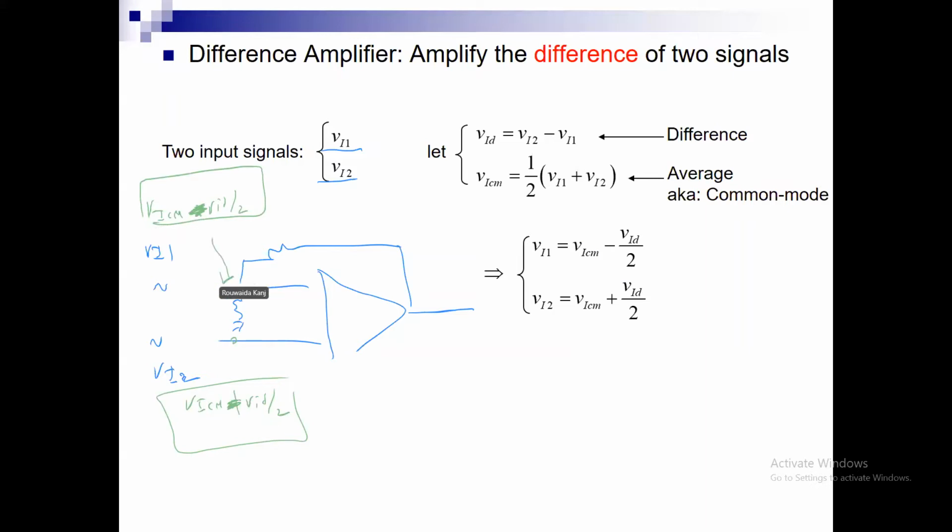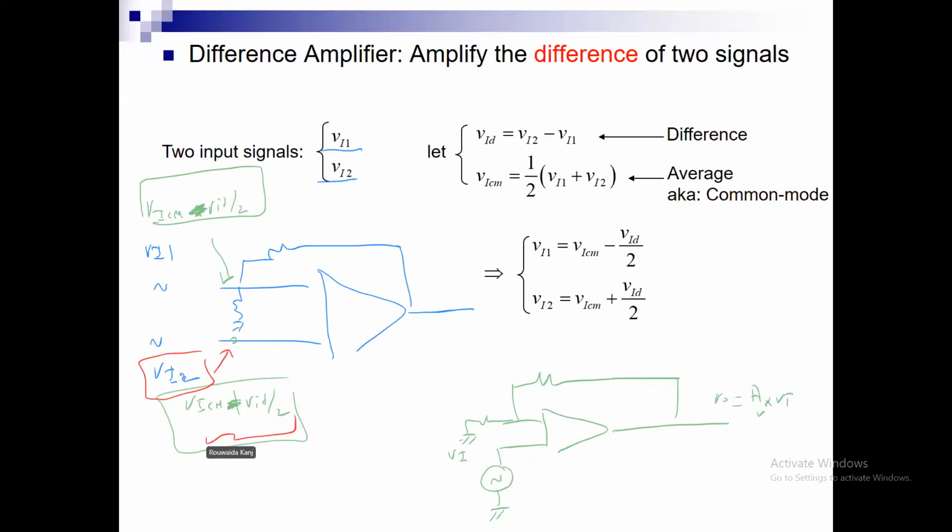And it will react. As we saw with the inverting amplifier, or even the non-inverting one, if I put VI here with this configuration, it gives me VO equal to some gain AV times VI. In a similar fashion, for any signal arriving here, I don't know what it is carrying, and any other signal arriving here, I will have VO equal to A1 times VI1, if I study it alone, plus A2 times VI2.